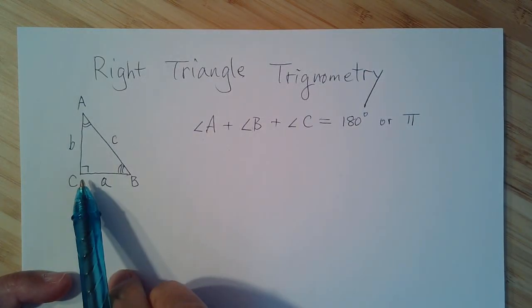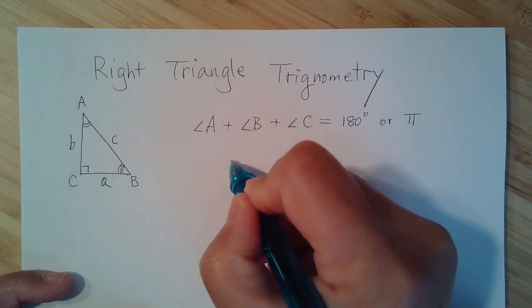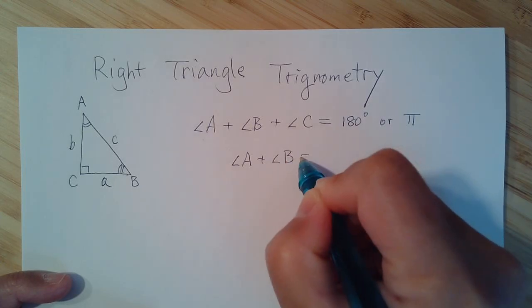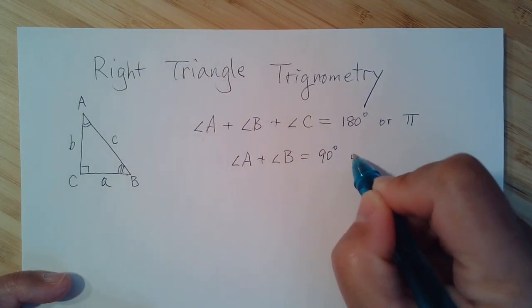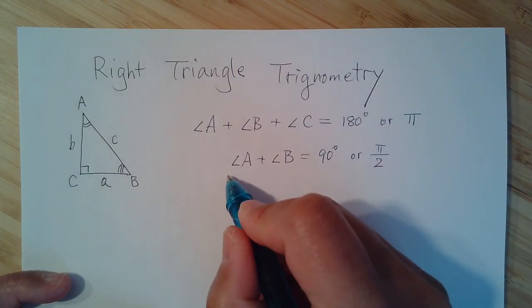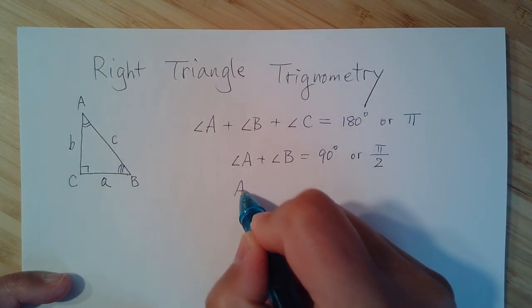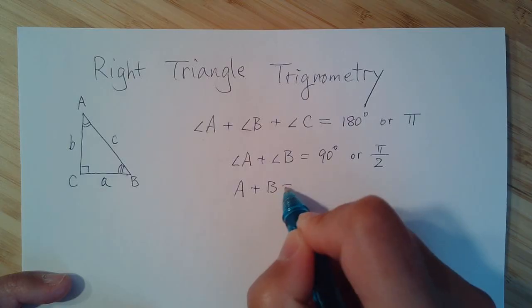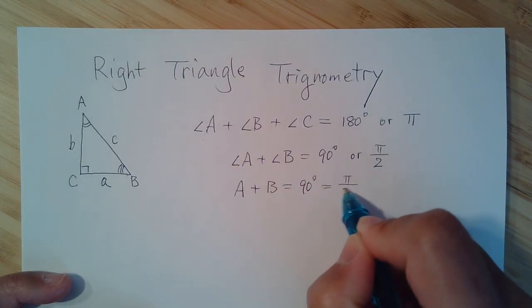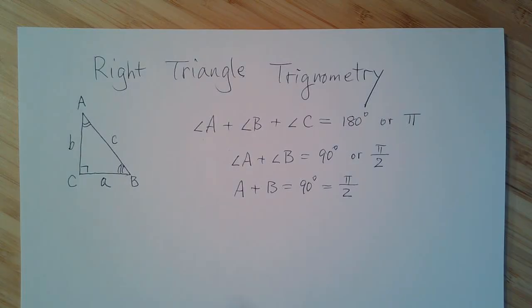However, since you have a C which is 90 degrees, what you know is A plus B should be 90 degrees, or pi over 2. Okay, and later we'll just write A plus B equals 90 degrees, or pi over 2, instead of having this little angle symbol here.